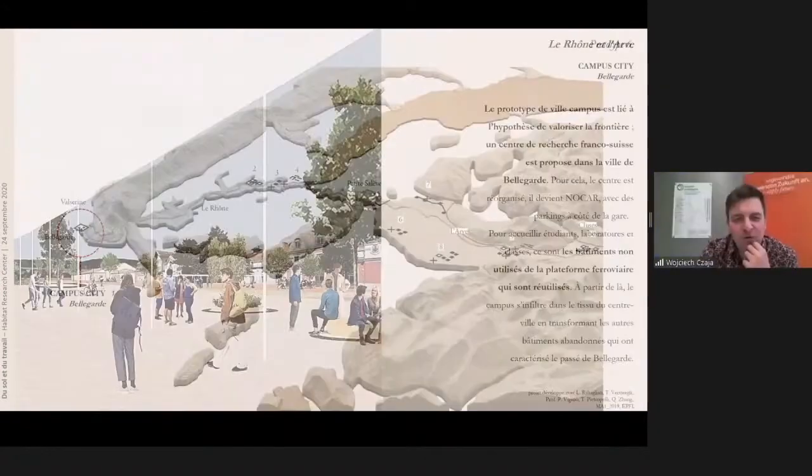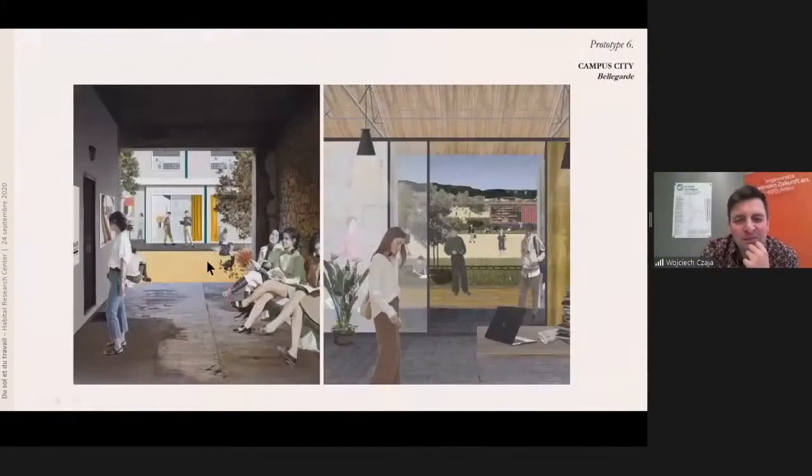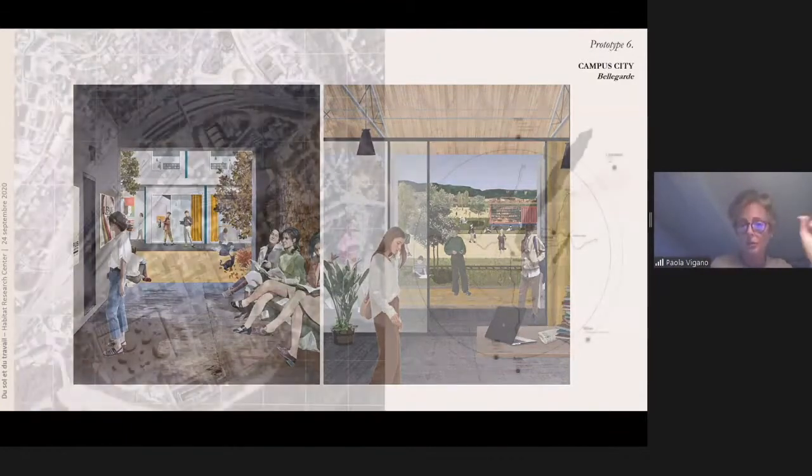Beautiful images that you have got. Okay, but also, for example, to rethink a very marginal area where nevertheless a high-speed train stops.